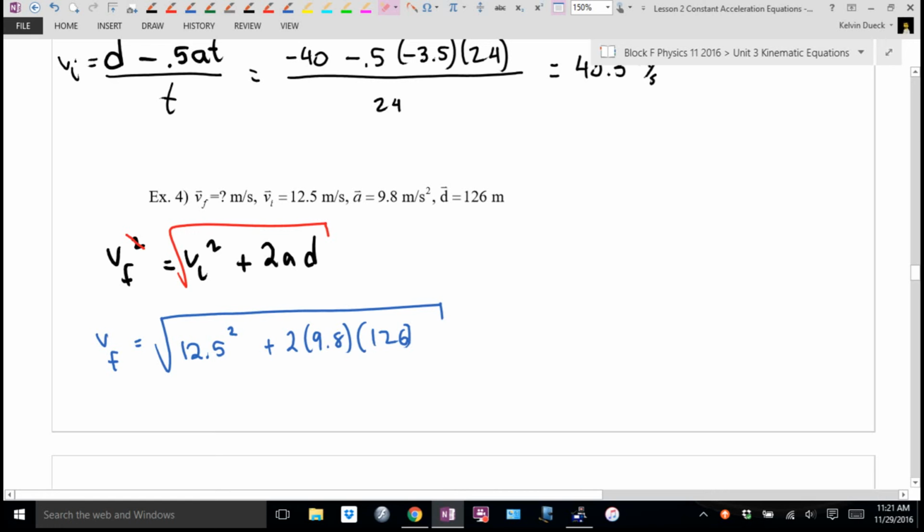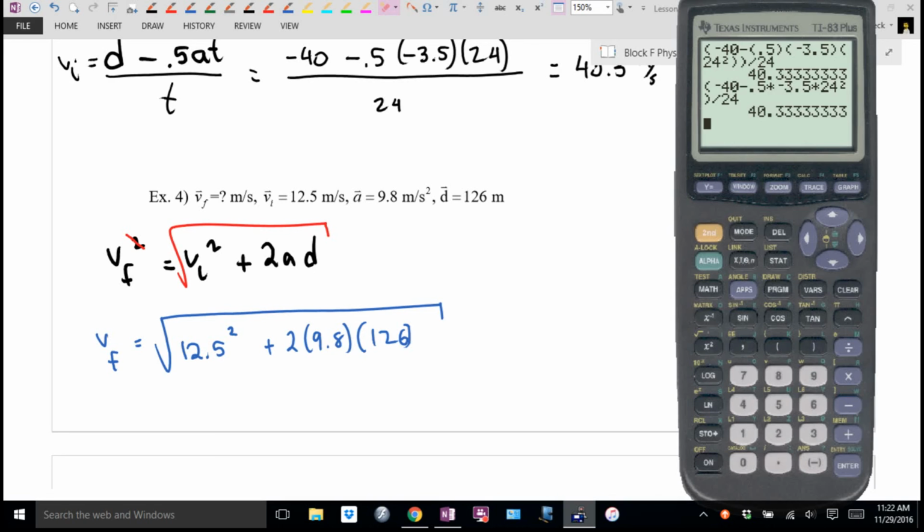How do we type this into our calculator? Here's what we're not going to do. We're not going to go square root of that. Instead, the easiest way is to type what's inside there. So get your calculator out. Don't hit your square root button yet. Instead, go 12.5 squared plus 2 times 9.8 times 126 and hit equals.